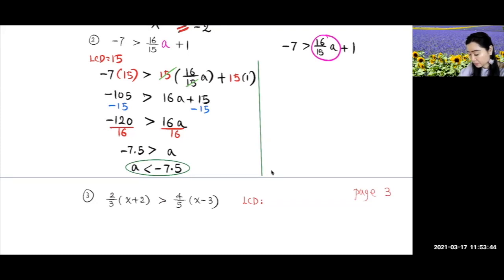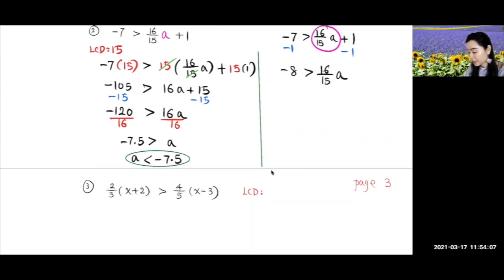I will end up with negative 8 on this side, and 16 over 15 times a on that side.